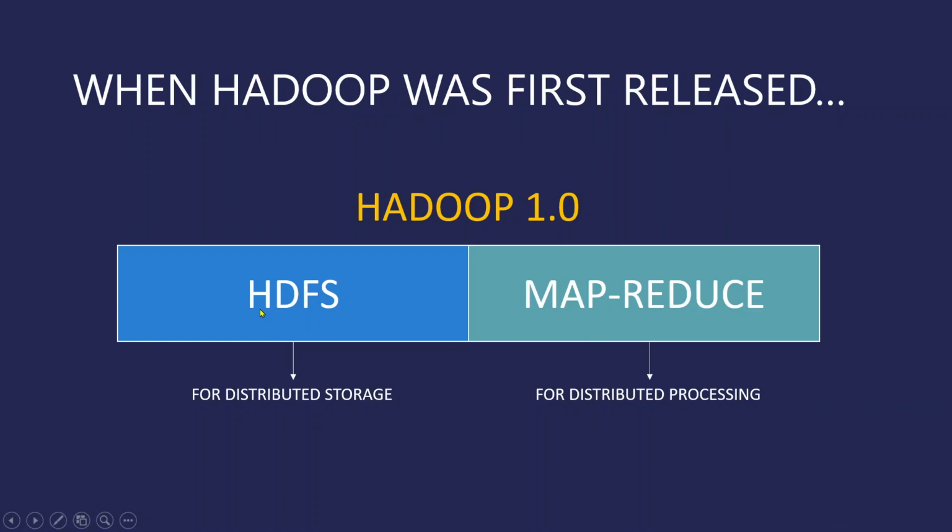Now HDFS means Hadoop Distributed File System. In the storage, you should not think that it is in tables or maybe data frames, but rather it was storing in the form of files.